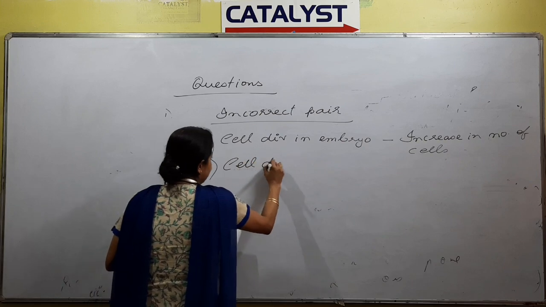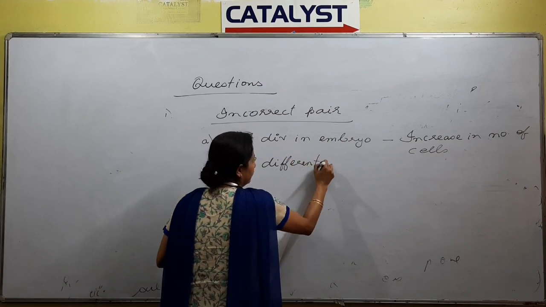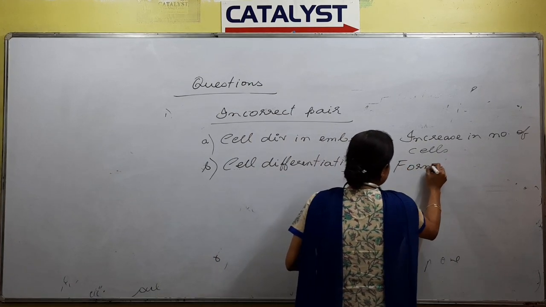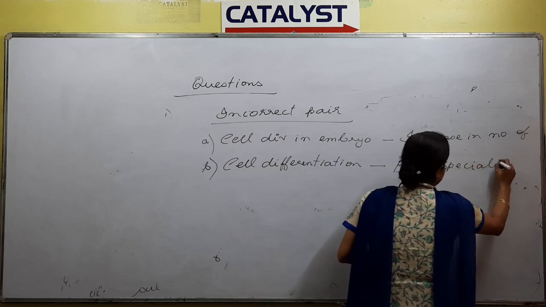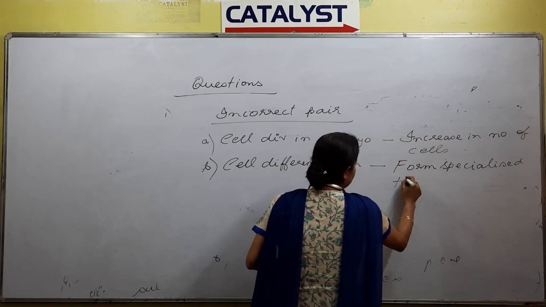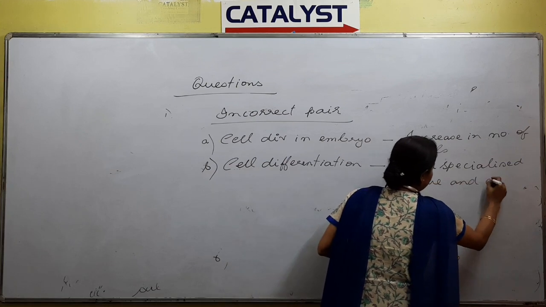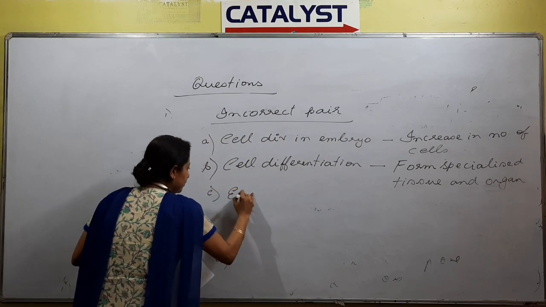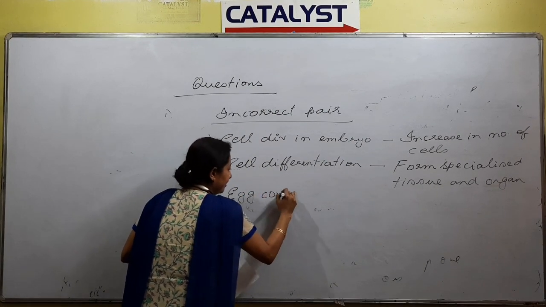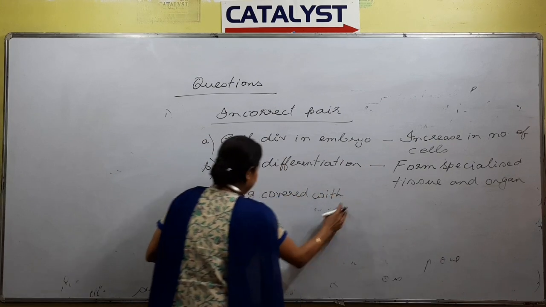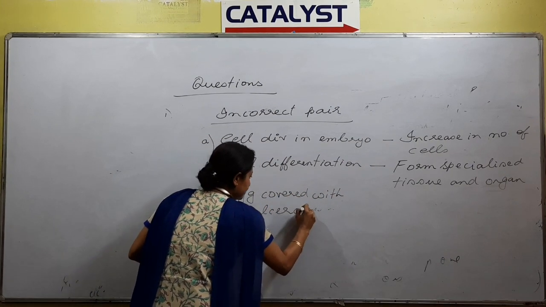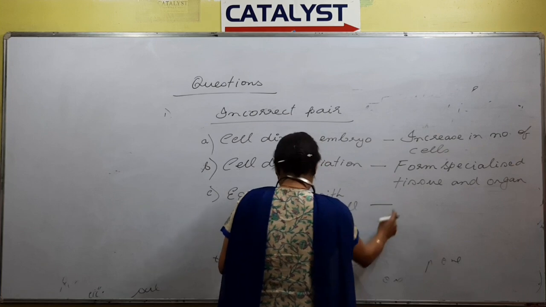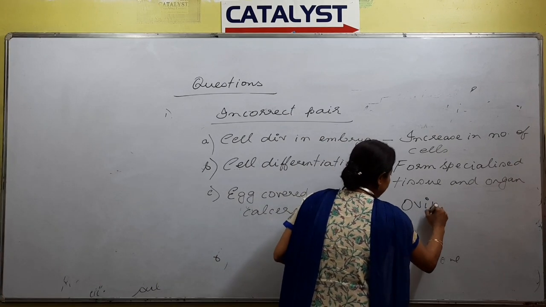Cell differentiation forms specialized tissue and organ. The third option is egg covered with calcareous shell in oviparous animals.